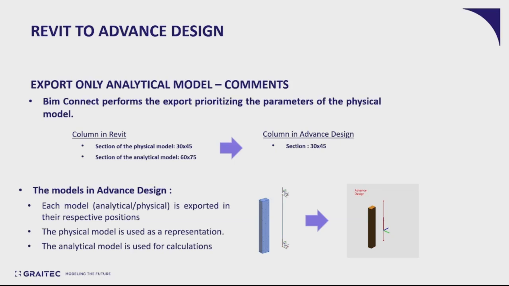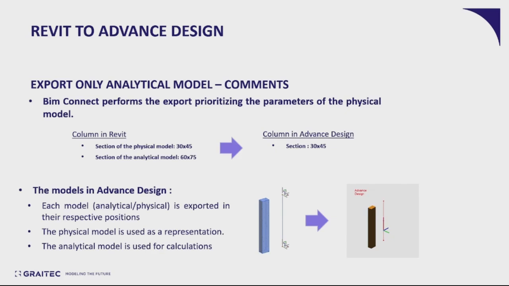So, for example, if the section of the physical model is different from the section of the analytical, the member in Advanced Design is expected to have the section of the physical model. The models in Advanced Design are exported in their respective positions. The physical model is used as representation. The analytical is the one that is used for calculations.